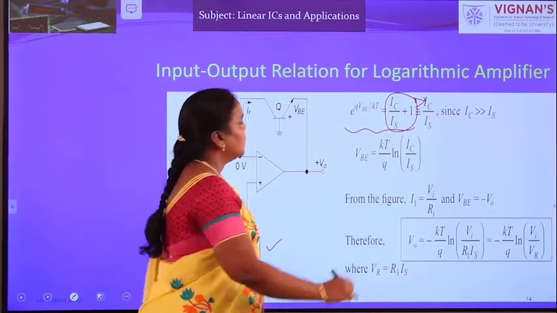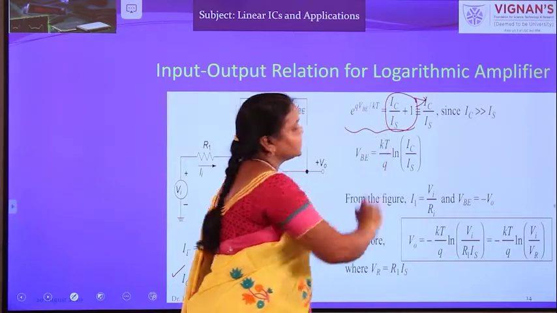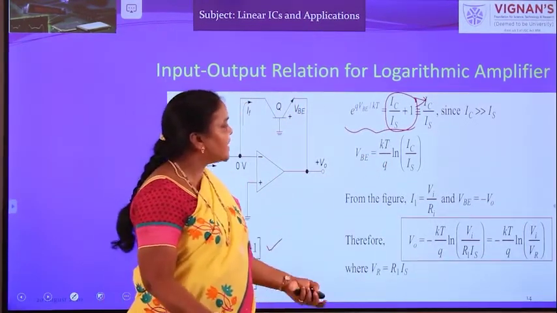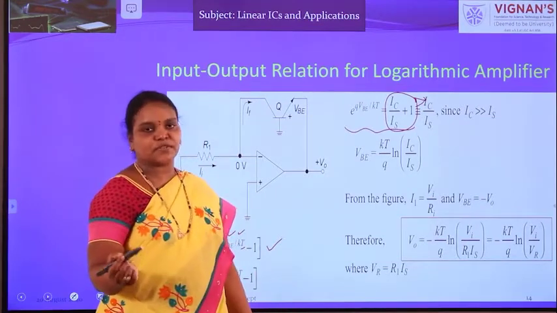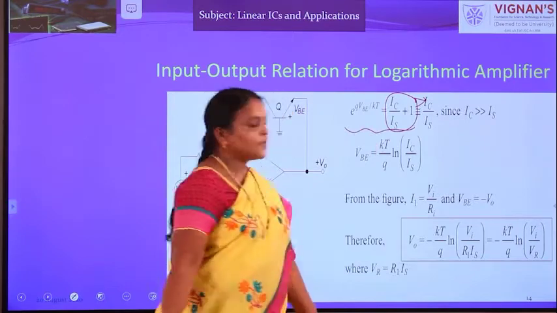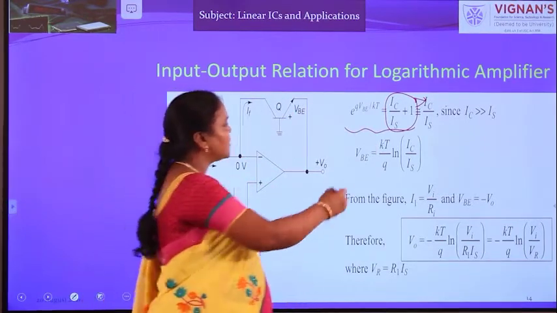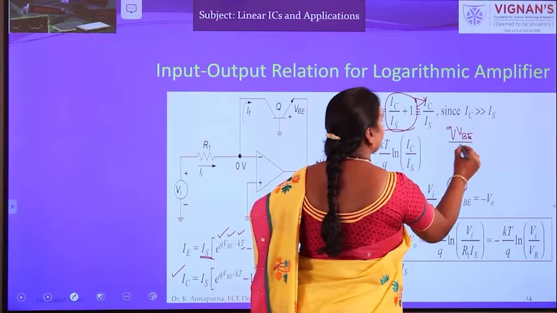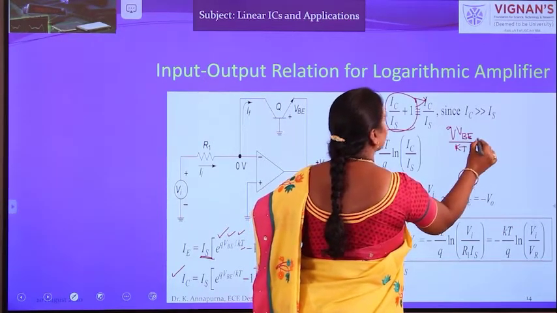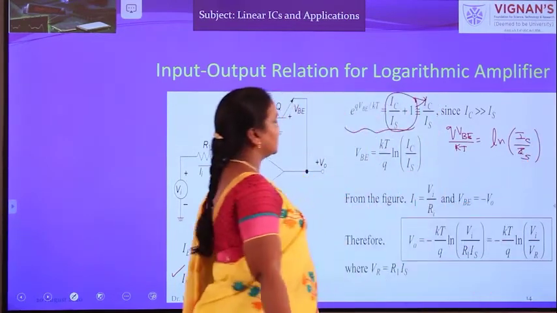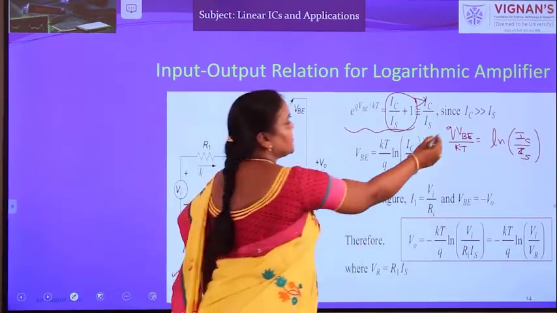Okay. Now by taking logarithm on both sides, because our intention is to get the output expression. To eliminate this exponential we are taking logarithm on both sides. Then here q VBE by kT is equal to ln of IC by IS. So what is VBE then?